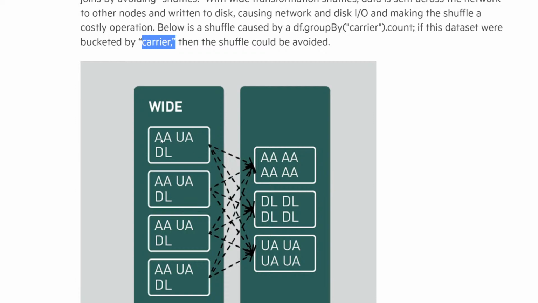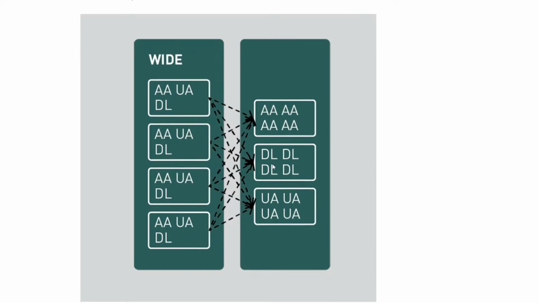When we want to group by carrier, which is like AA, UA and DL, because this bucket has AA, UA and DL, it has to get shuffled over. All the AAs have to go here, all the UAs have to go to the last bucket, and the DL has to go to the middle bucket, and that has to happen across all these buckets. If we already had it bucketed by the carrier, then we would already have AAs separately, DL separately, and UA separately. You don't have to really repartition it.